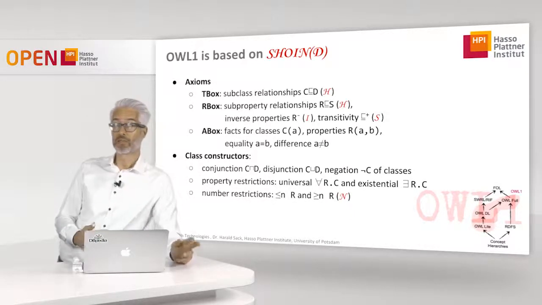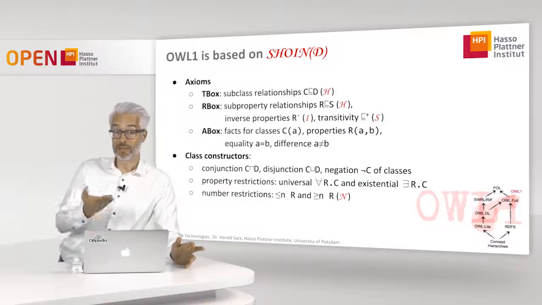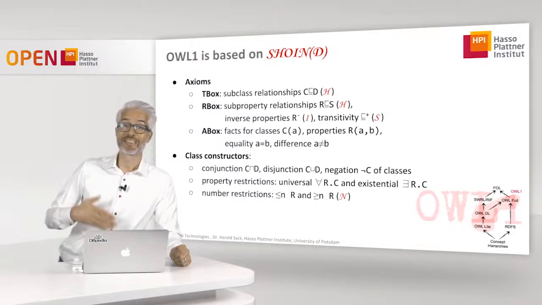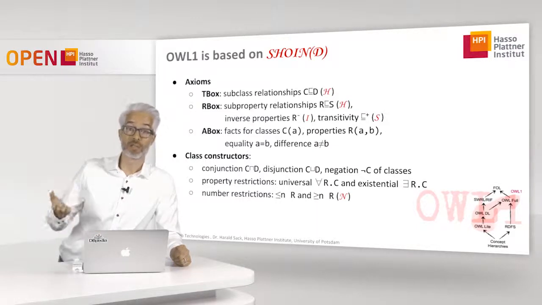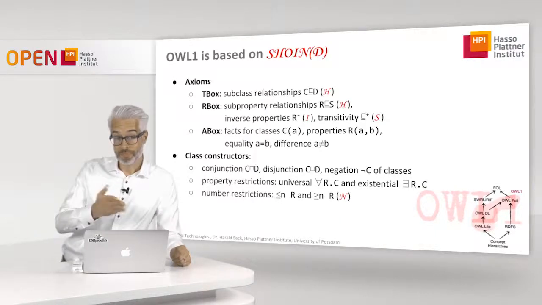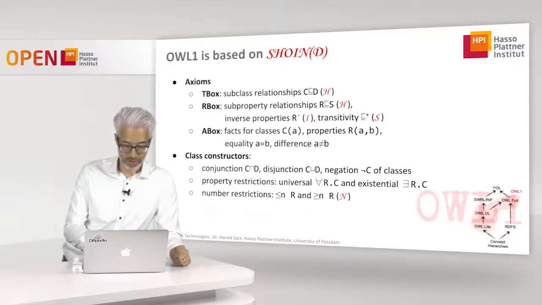For example, you can define a string quartet as being something which consists of exactly 4 members. Or you can define number restrictions which set upper limits and lower limits to the members of a class. So these are number restrictions, but we will have a more detailed look into that later on.